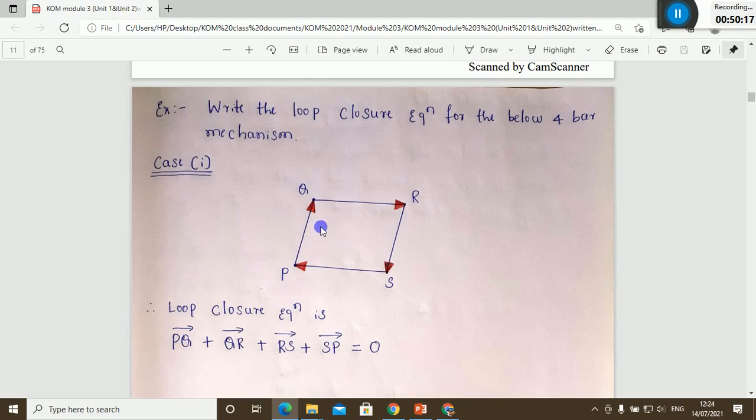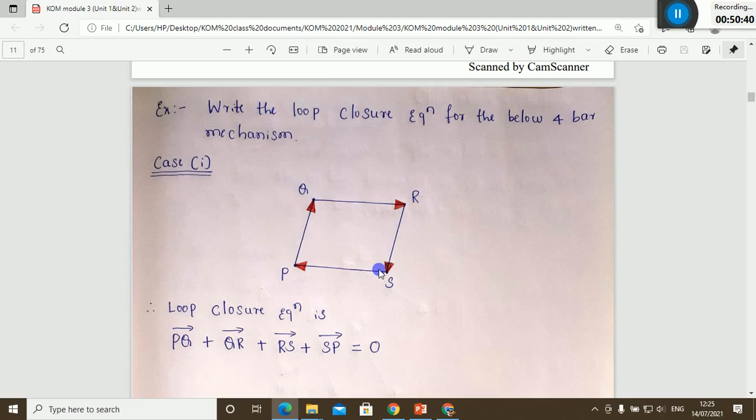Since all are moving clockwise, for my convenience, I'll take the reference as clockwise. If the vectors are moving clockwise, I'll take it as positive. If it is moving opposite to the reference, that is counterclockwise, I'll take it as negative.